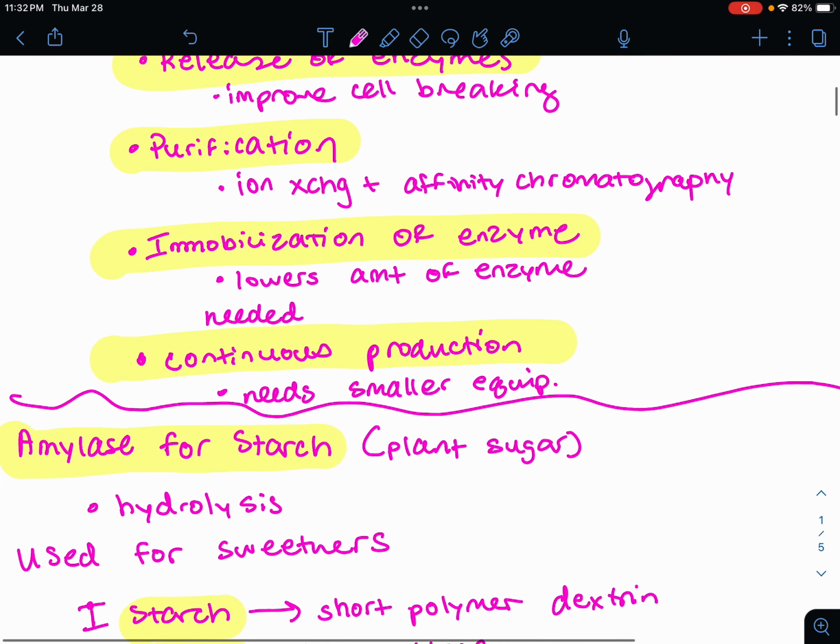And then you also have continuous production. You would need smaller size equipment for that.